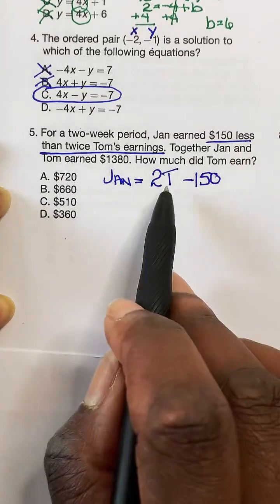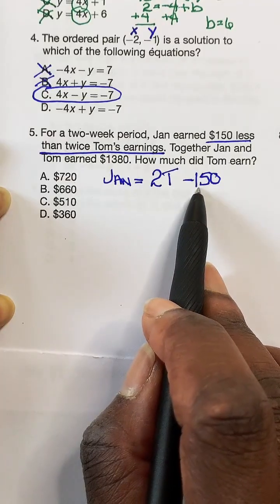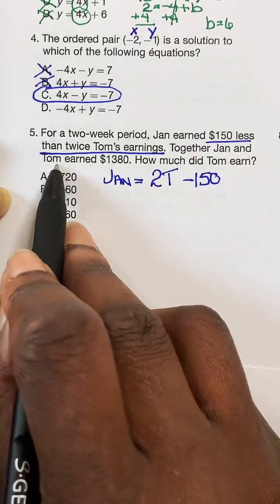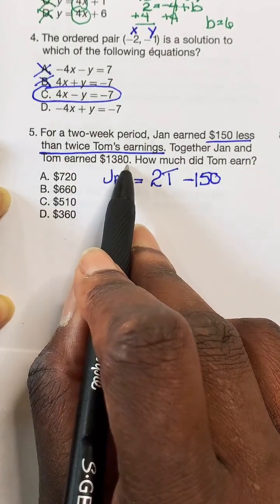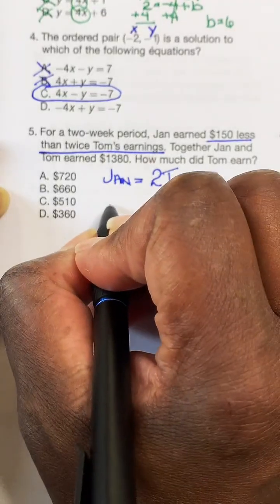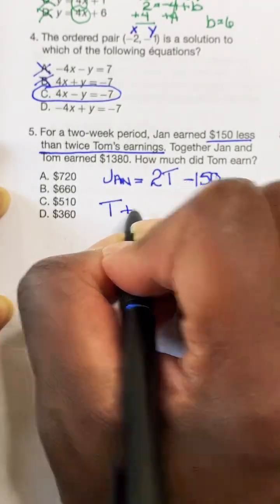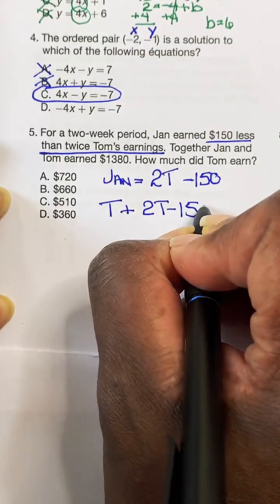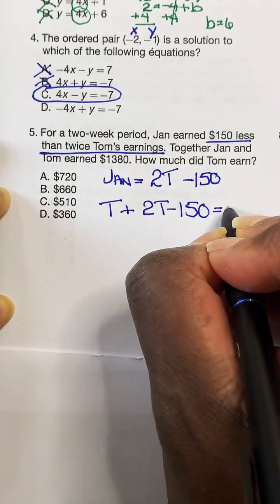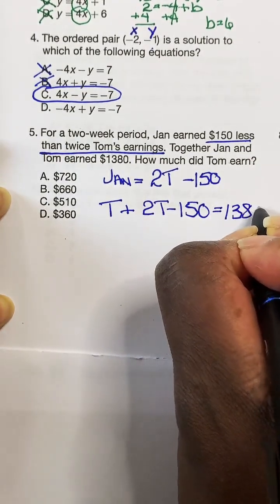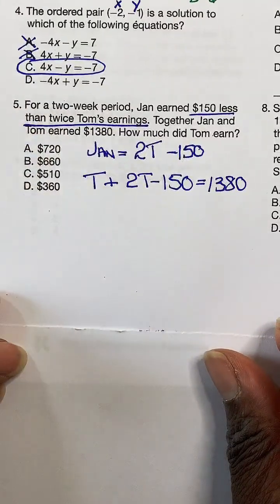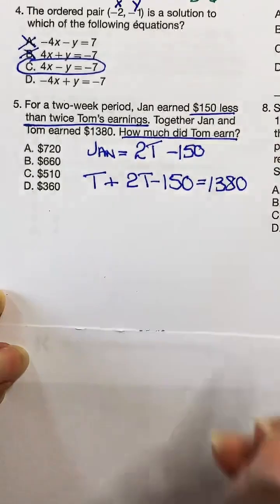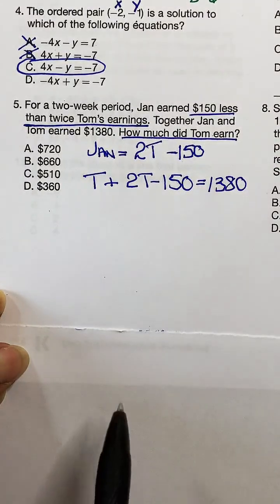So twice his earnings minus the 150. They know together Jan and Tom earn $1,380. So if Tom is T and Jan is 2T minus 150, together it was $1,380. Now we want to know how much Tom earned, so we're looking for T.